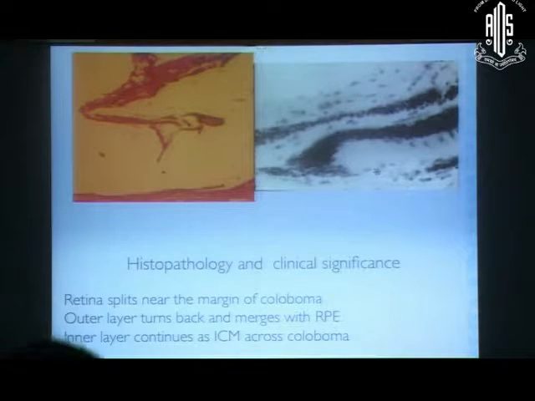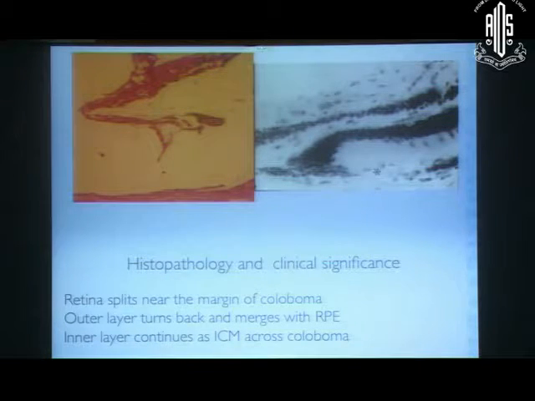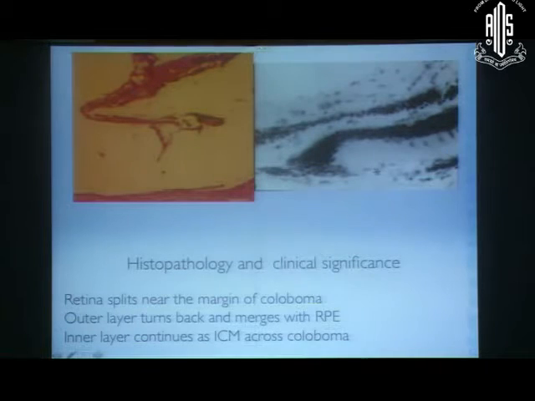Now, histopathologically, I would refer you again to the excellent contribution by Dr. Schubert from New York. In this article, he has shown histopathologically that the retina near the coloboma margin actually splits into 2 layers. And what you see here, for example, the inner layer continues as the intrachoroidal membrane, and the outer layer turns back and merges with the retinal pigment epithelium.